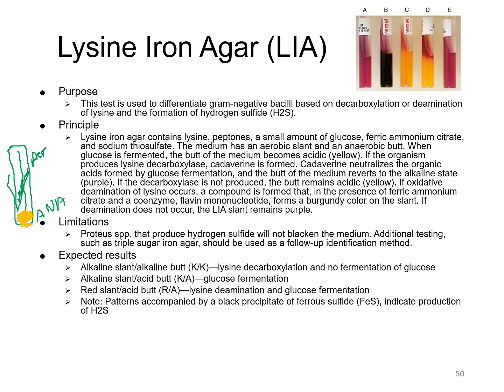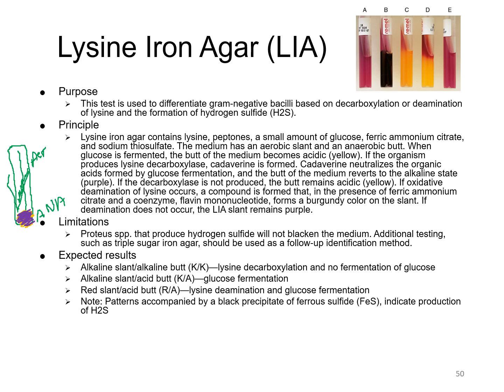If the organism is able to produce the lysine decarboxylase, then it will actually form cadaverine, and that will actually neutralize the organic acids that happen with the glucose fermentation. And this means that the butt of the medium will actually go back to an alkaline state. So it will actually change that color back to that dark purplish type magenta looking color.